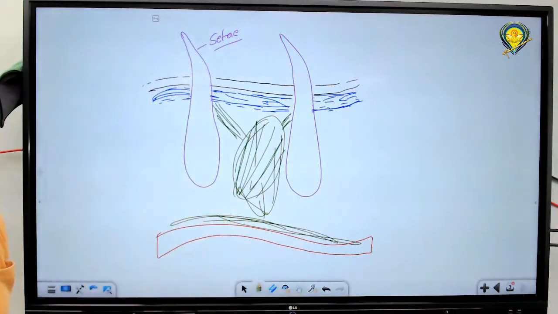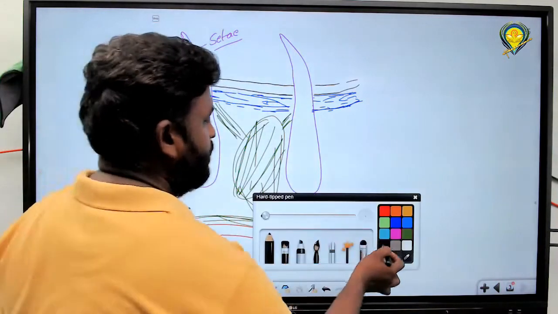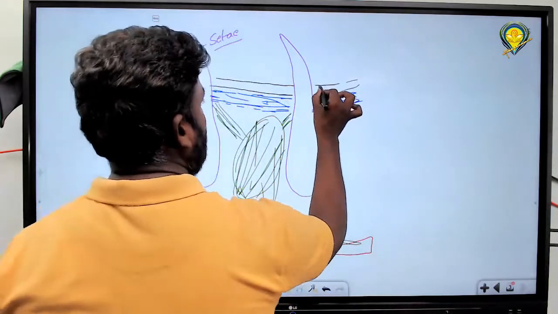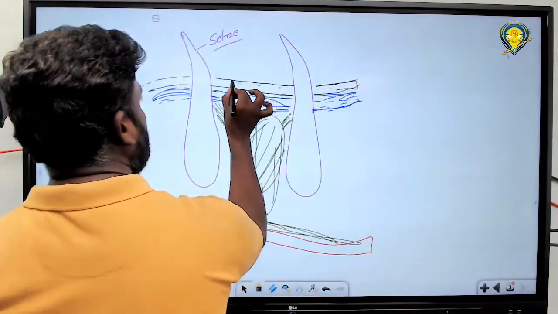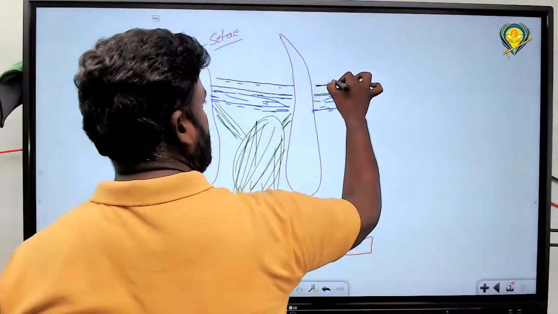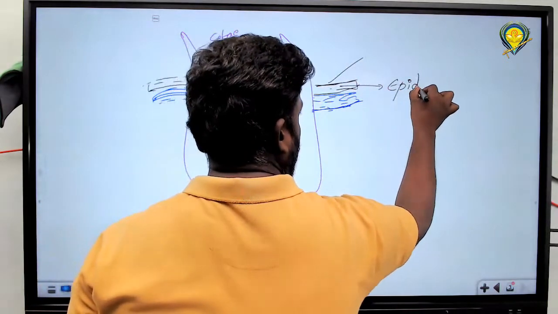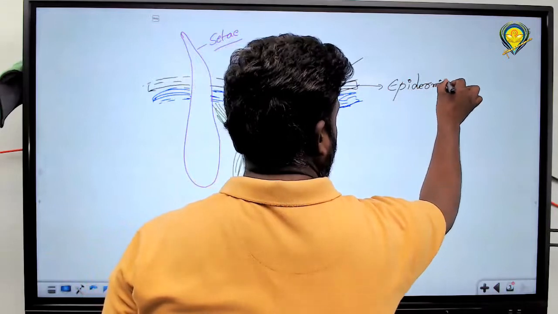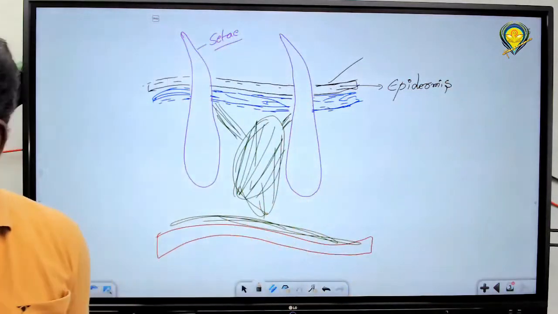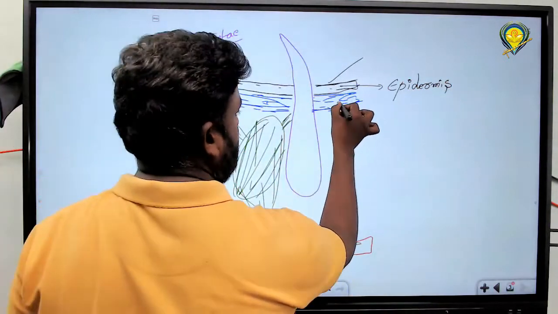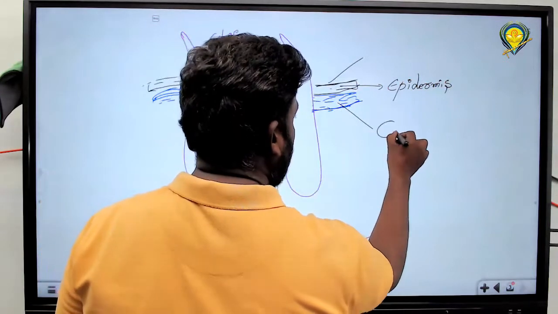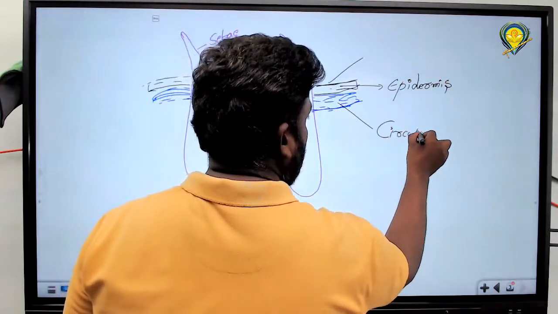Right? And I will give you labeling now. So outer, it's about the outermost layer, the cuticle. But this is the epidermis. Epidermis. And next, the second one, muscles are called outer muscle.